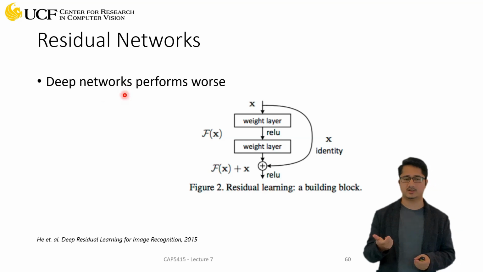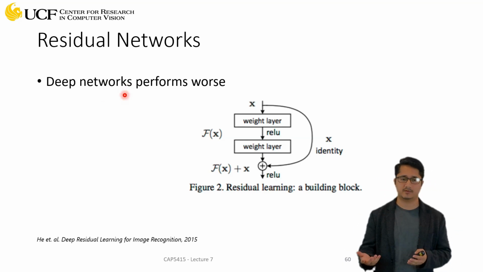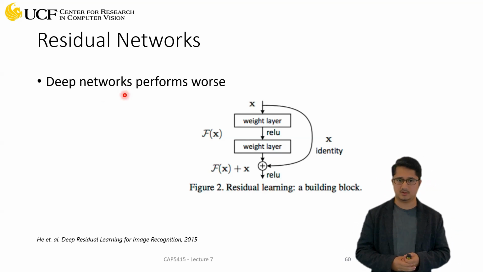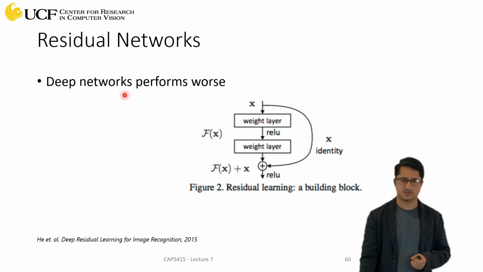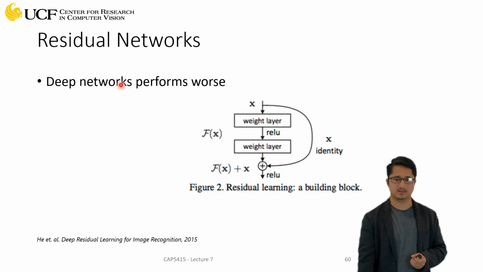It's one of the reasons why it's very hard to train very, very deep networks. That issue is called vanishing gradient: as you move to the initial layers, your gradient is vanishing, or you can say gradient explosion. Now, to resolve that issue, this kind of residual connection was proposed.